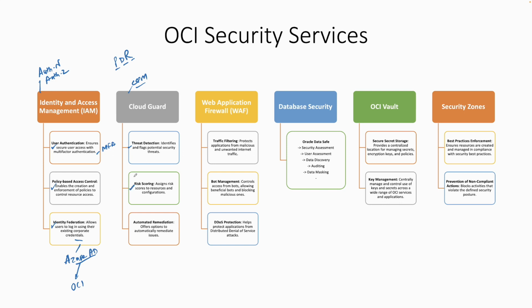Now, it's very important that you should understand whether it's a high, medium, or low risk, right? So it assigns a risk score to the resource and configuration. It shouldn't be that for a low risk, you are spending a lot of time and effort. So that's why Oracle will clearly distinguish between a high risk, low risk, and critical risk, right? And yes, it does give you automated remediation as well. Something we talked about preventative, then we talked about detective control. This is more of a reactive control, right?